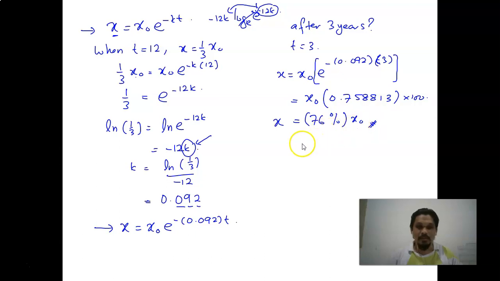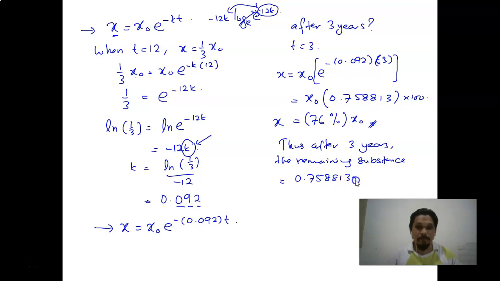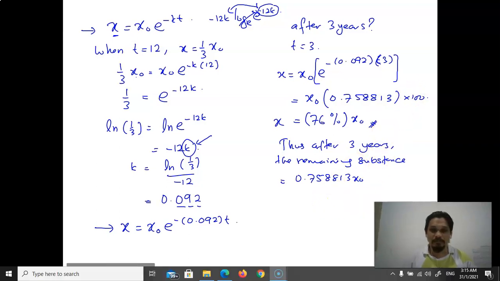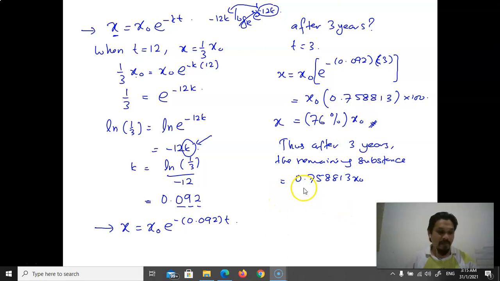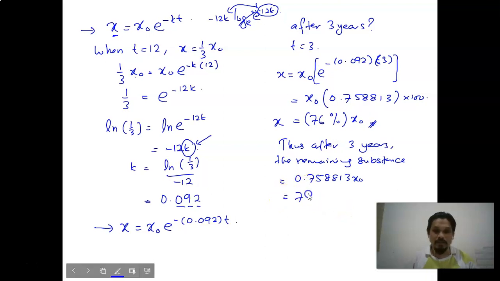So left, thus after 3 years, then the remaining substance, which is 0.758813 x naught, times with 100 here, then it is equal to 76%.